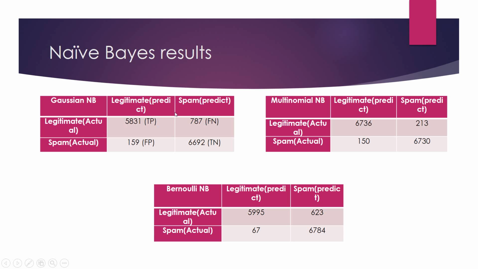So if we analyze these three classifiers, we can see that multinomial naive-Bayes performs well with less number of false negatives and less number of false positives. An interesting fact with Bernoulli naive-Bayes is that it has less number of false positives.